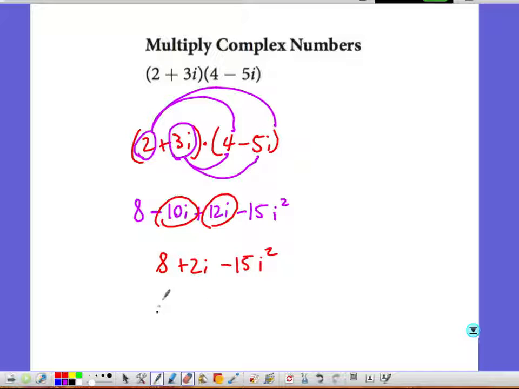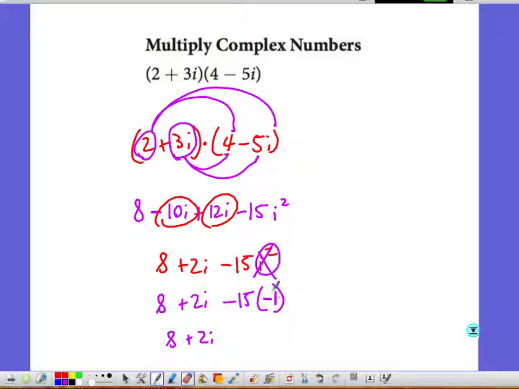Let me bring everything down. i squared becomes negative 1. So we no longer have i, we replace it with negative 1. And now take a look at this.